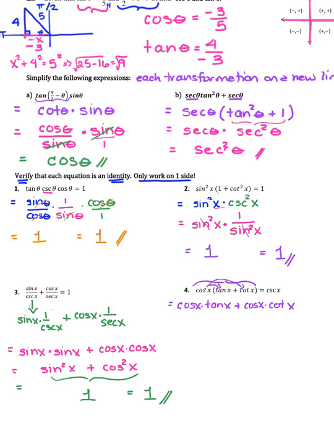Now I'm going to rewrite everything in terms of cosine and sine. So cosine x doesn't change. Tangent becomes sine x over cosine x. Cosine does not change because it's as simple as it can get, but cotangent, remember, is cosine x over sine x.